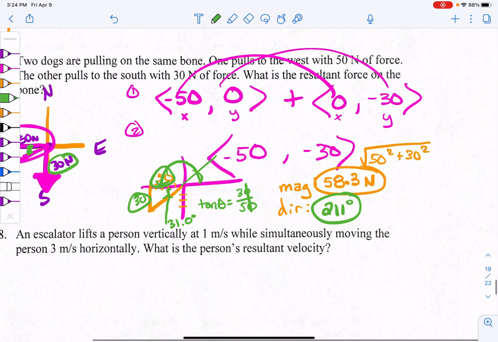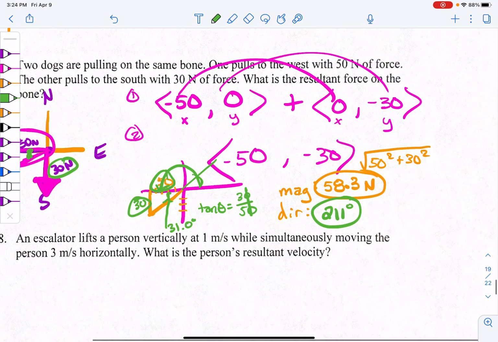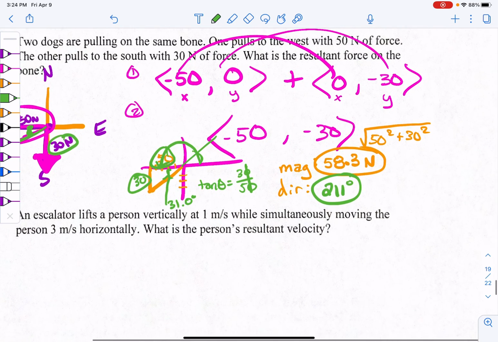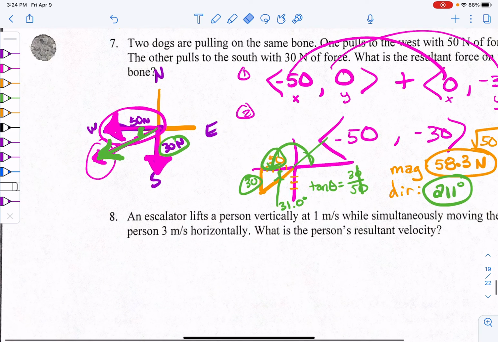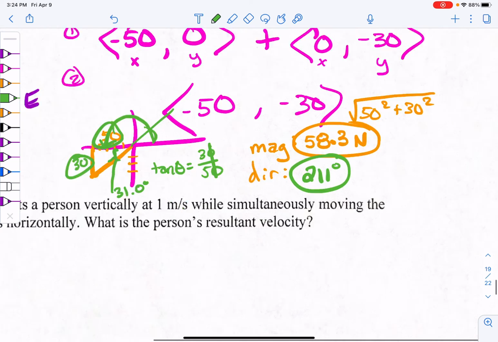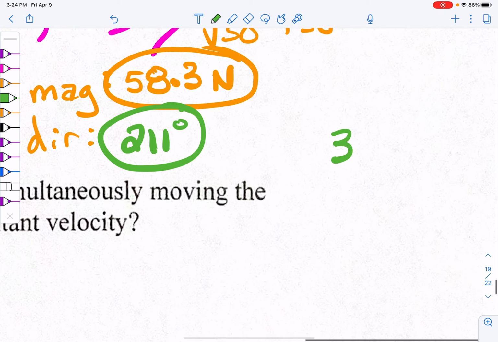Or there's another way of writing direction when you have north, south, east, and west involved, and it's 31 degrees this way, which they will call 31 degrees south of west direction. It's 31 degrees south, or this way, of the west direction.